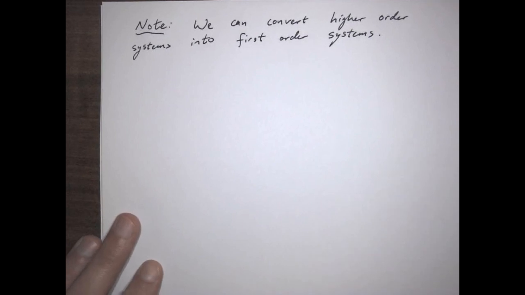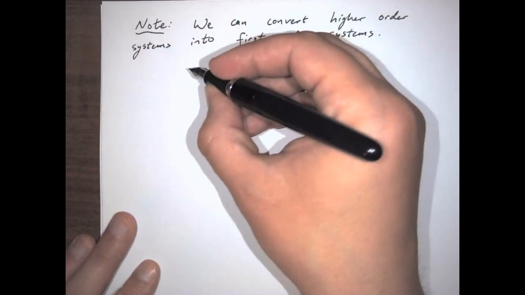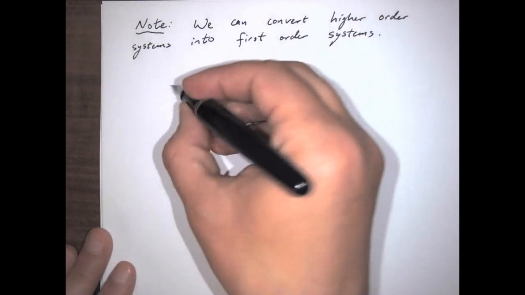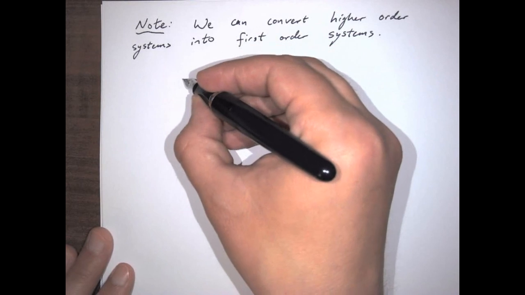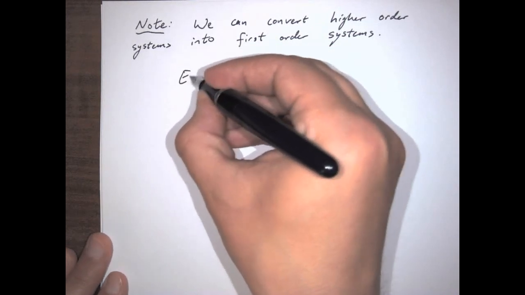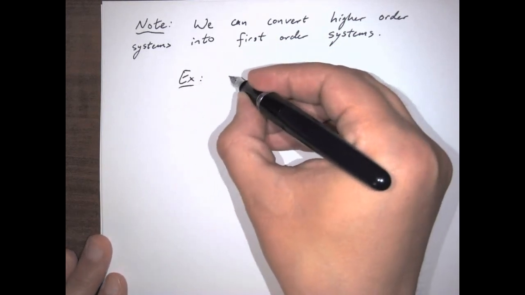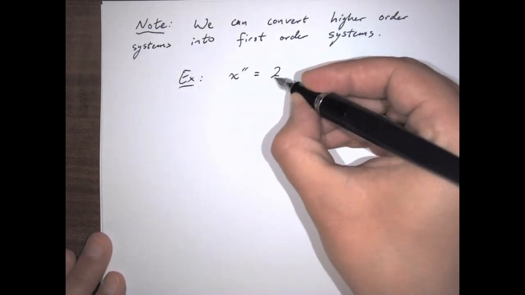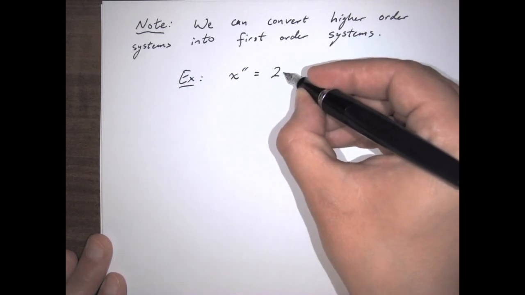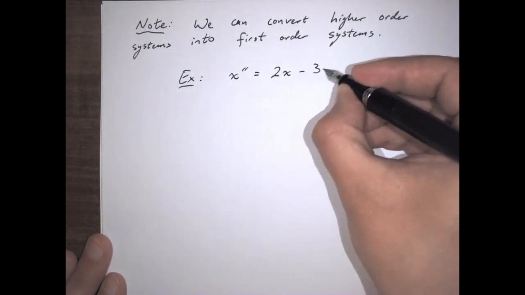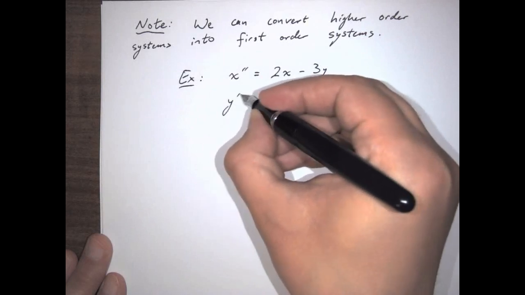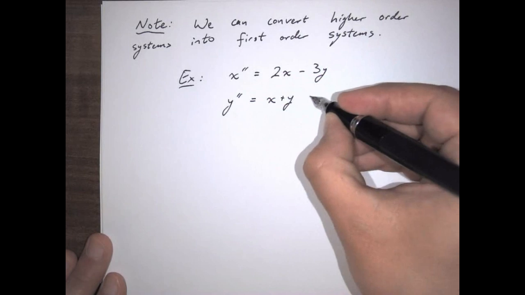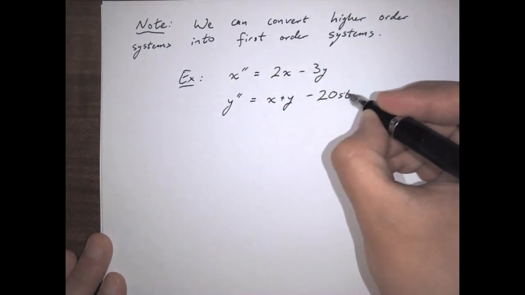We just take the different variables and their different derivatives, and that will serve as the place where we get our new variables. So as an example, let's take a second order system. x double prime is equal to 2x minus 3y, for example. y double prime is equal to x plus y minus 20 sine t.